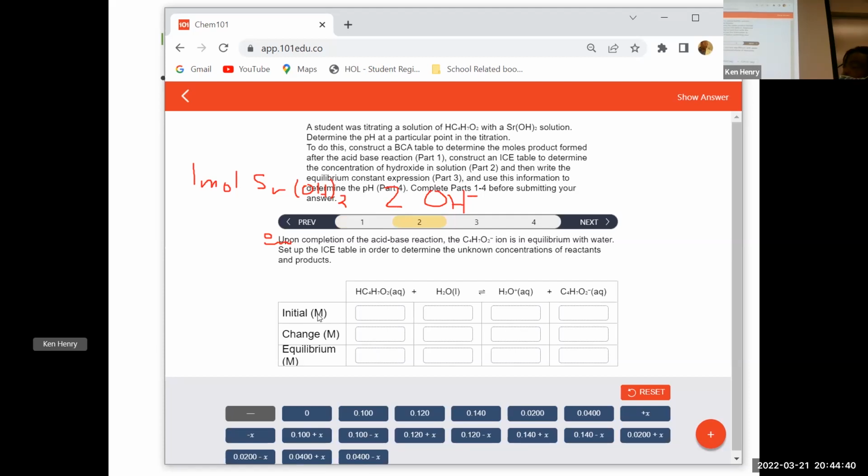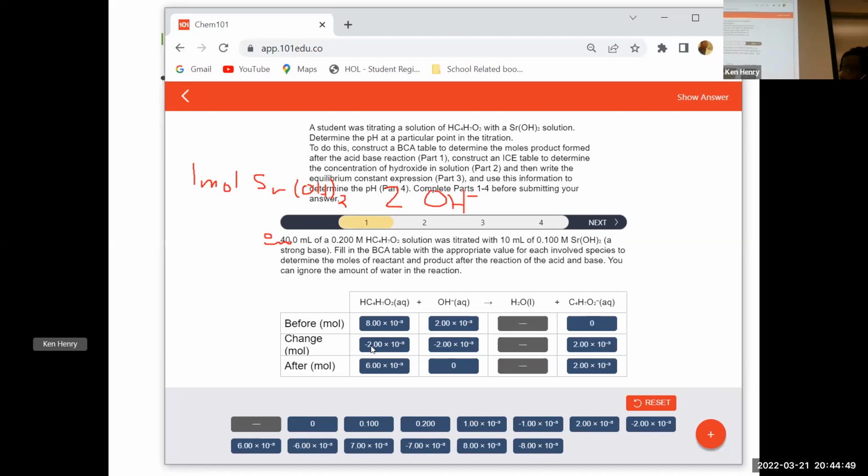Now remember, this is molarity. So I have to divide all of our values by what? 40 plus 10, 50. So if we divide everything by 50 mL, and we have to change that mL to liters, that is our total volume.